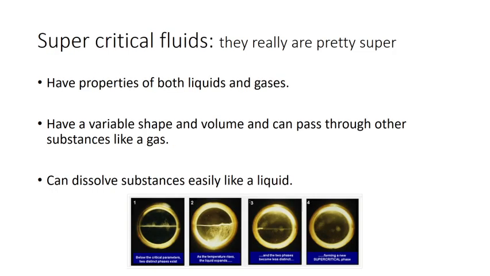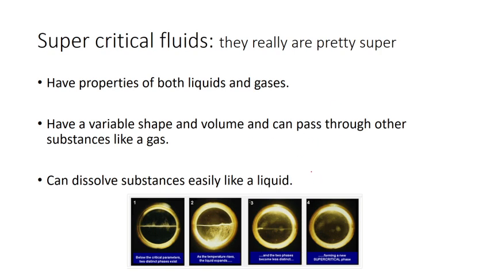And supercritical fluids, so they're pretty cool. You can look up more information about them, but essentially they have properties of both gases and liquids. They have variable shape and volume like a liquid, but can pass through substances like a gas. And they dissolve many substances like a liquid.